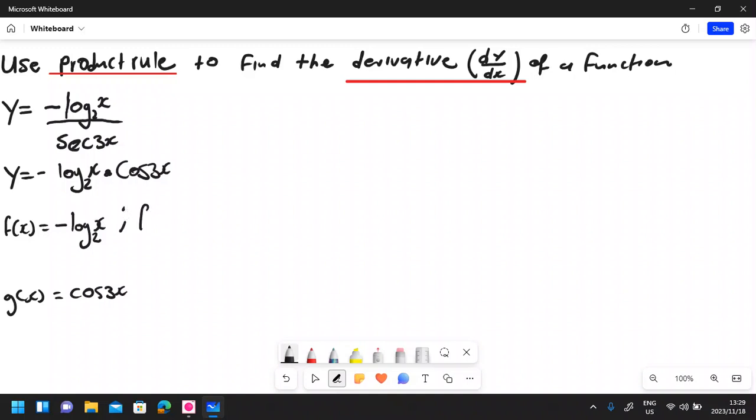So if we say f of x prime, by the way, f of x prime basically means the derivative of f of x. This is going to be negative 1 over 2 natural log 2.